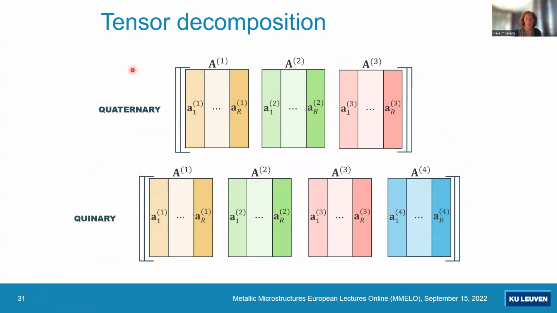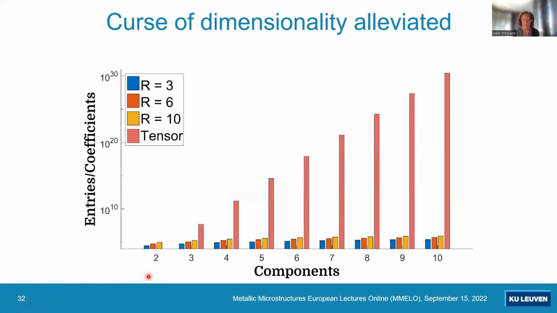And the advantage is then that if we go to a higher order system, the number of data that we need will not grow exponentially, but will just grow linearly. It will just be one extra factor matrix in our description. And the effect of it is also shown here. So imagine you would represent the whole tensor.